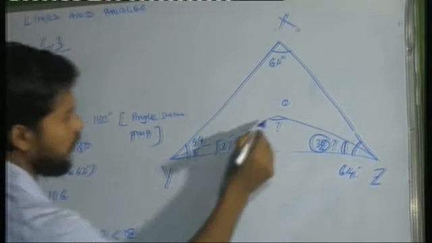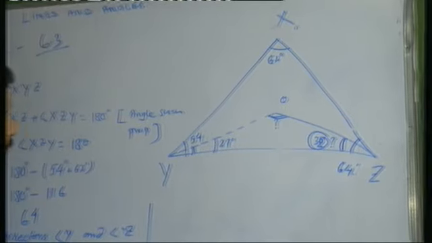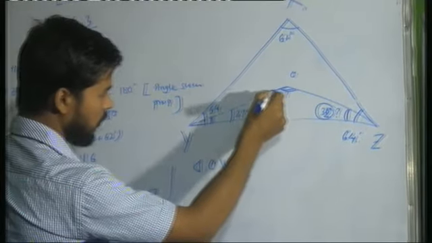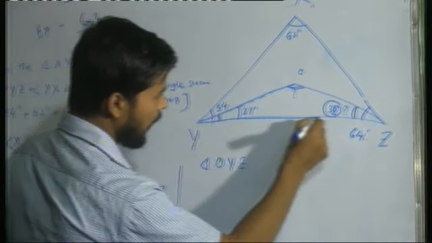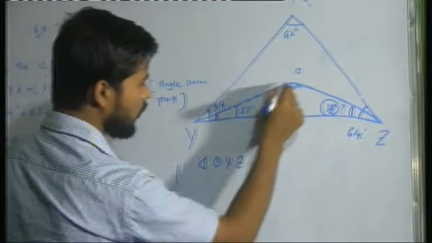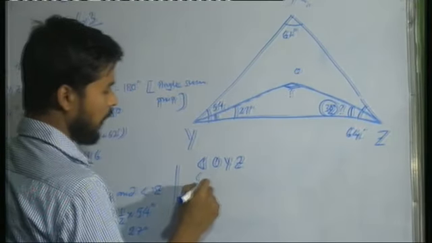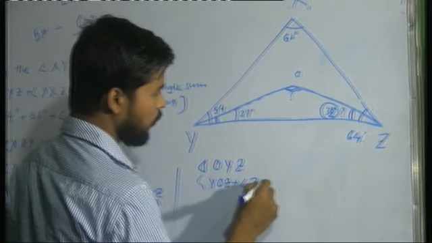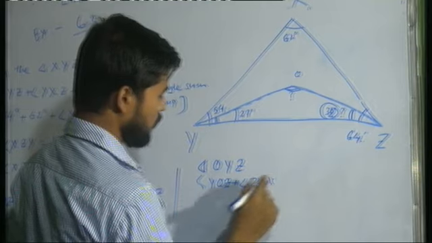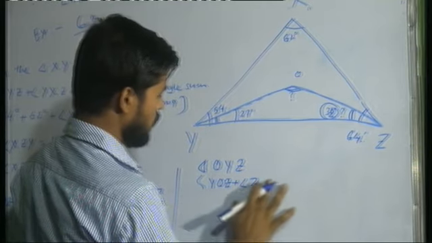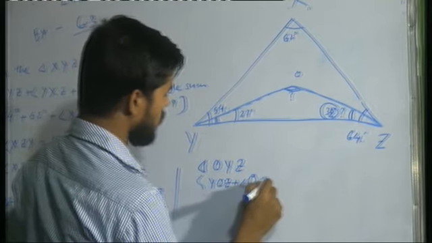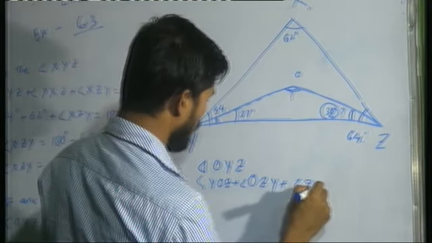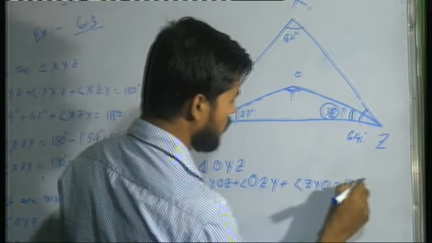Now we have to calculate the value of this angle. Now if we consider the triangle OYZ, this triangle, and if we apply the angle sum property of the triangle, then we have angle YOZ plus angle OZY plus angle ZYO is equal to 180 degrees.